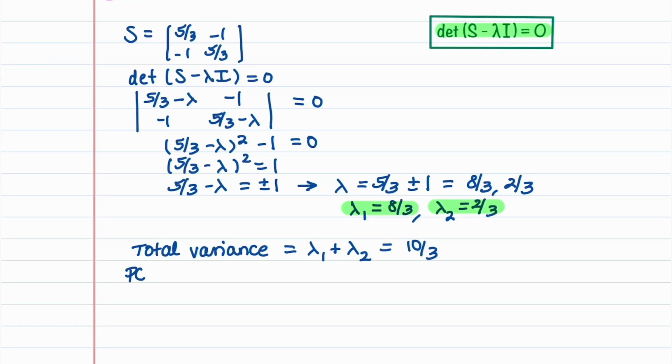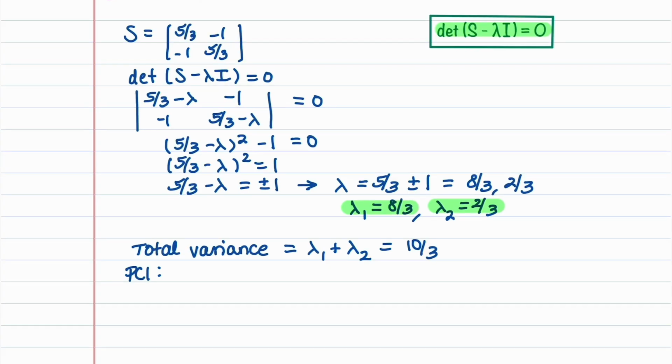Principal component 1 is going to explain λ1 divided by λ1 plus λ2. That's just the total. So this is 8/3 divided by 10/3, which is 8/10, and that is 80%.